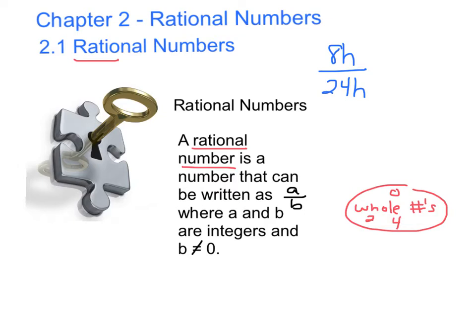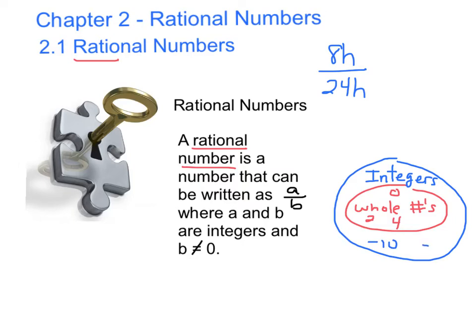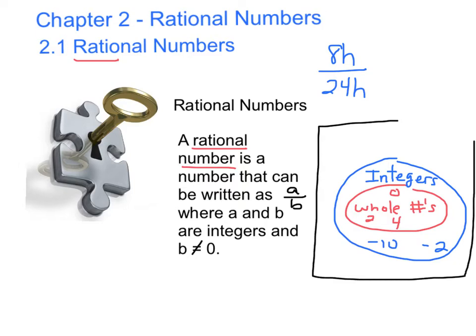Then, one step back from that are integers. Integers would be, for example, -10, -2. Then around that, we have rational numbers.